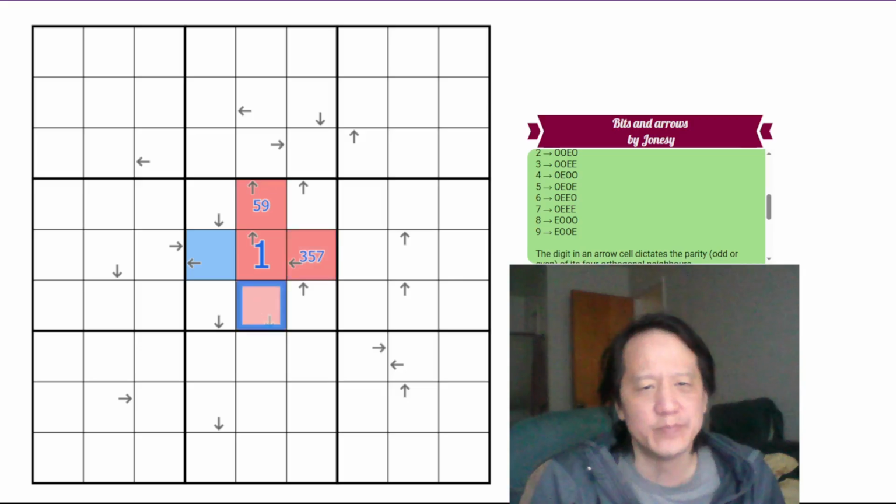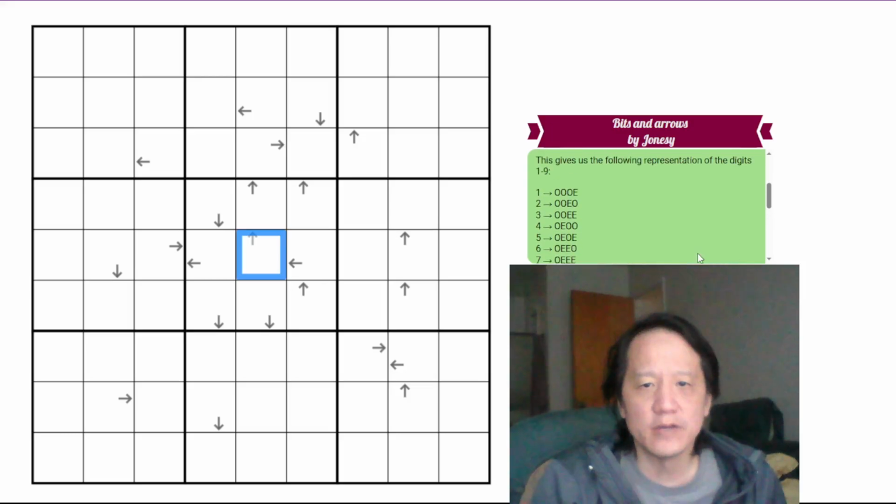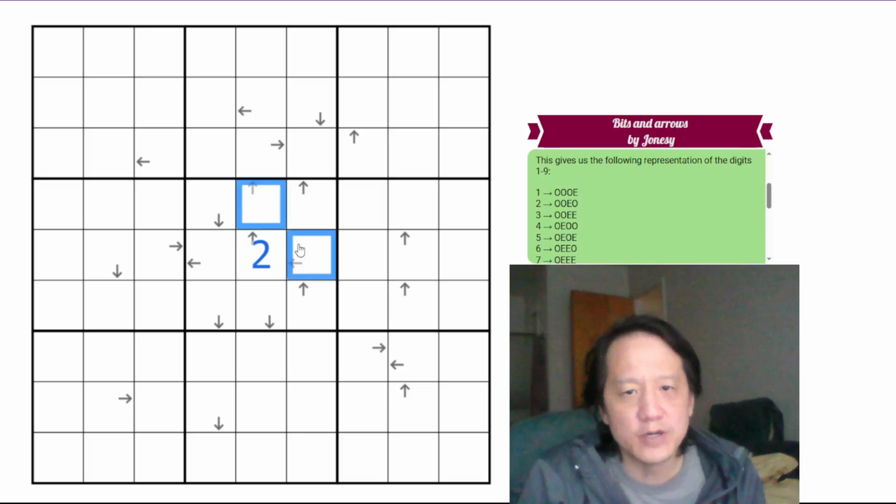There's got to be a better way of doing this, but I don't know what it is. Anyways, if it's 2 here, then this would be odd, odd, even, odd. And this 2 is obviously even.